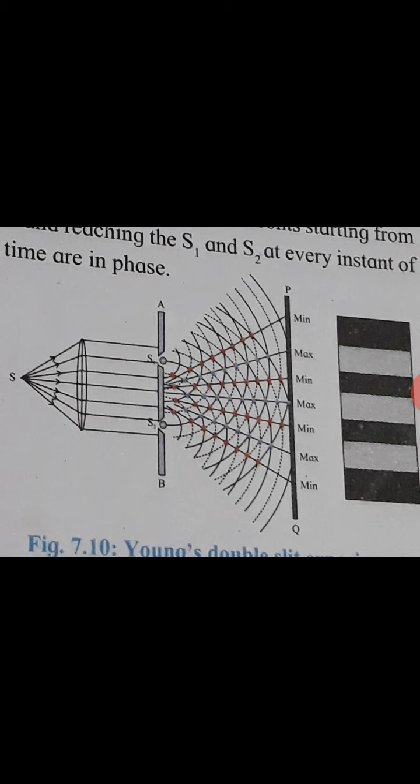If you directly take two separate sources of light, then you will not get a clear interference pattern.